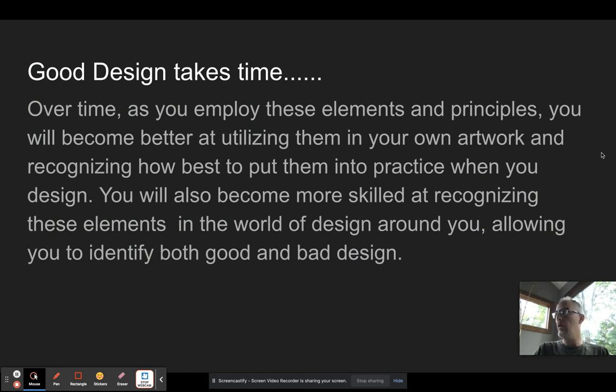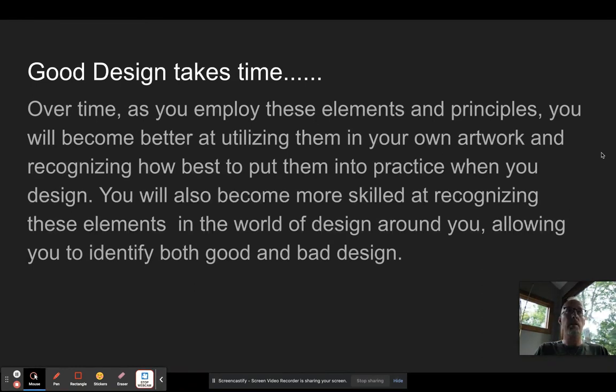The elements of art, most people at this stage have a good grasp on those. Principles of design are a little bit more difficult, but over time, as you employ these elements and principles, you'll become better at utilizing them in your own artwork and recognizing how best to put them into practice when you design your own work. You will also become more skilled at recognizing these elements in the world of design around you, allowing you to identify both good and bad design.